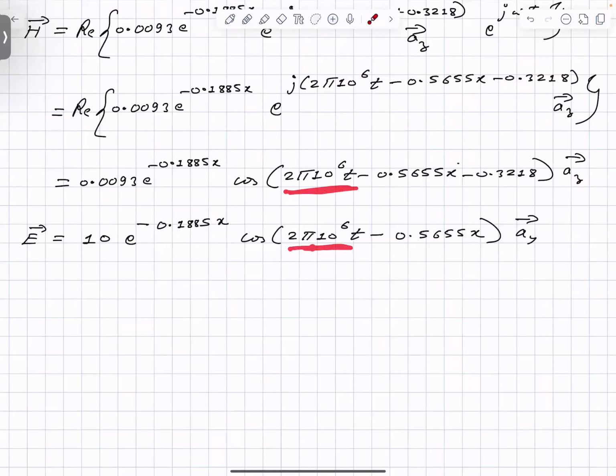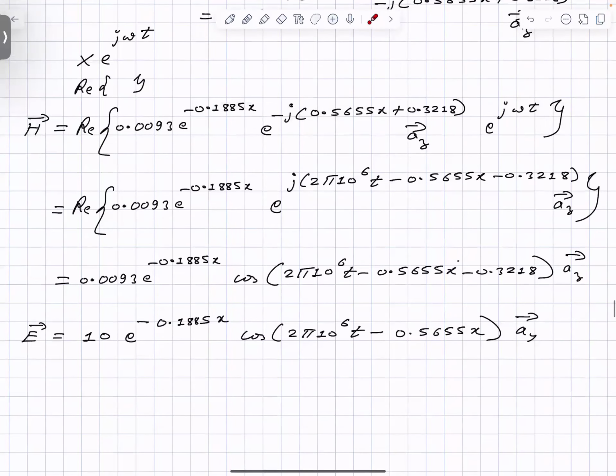This omega t part is the same. This x dependent factor is the same. However, magnetic field has this additional phase, right? Electric field does not have that. So electric field and magnetic field are now out of phase. They are not in sync. This is still linear polarization. We probably won't talk about that. Any question?